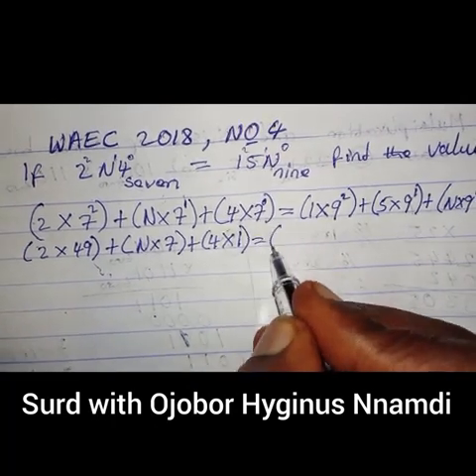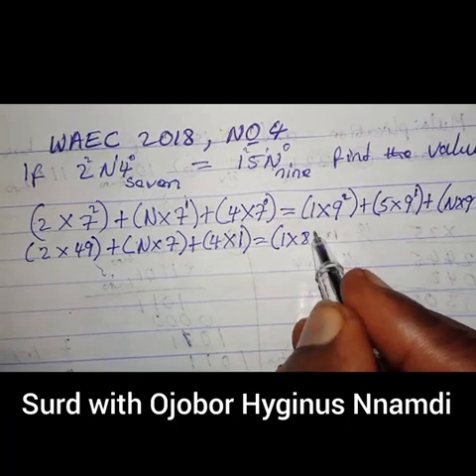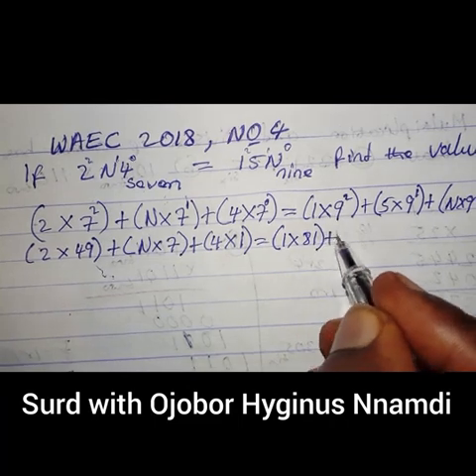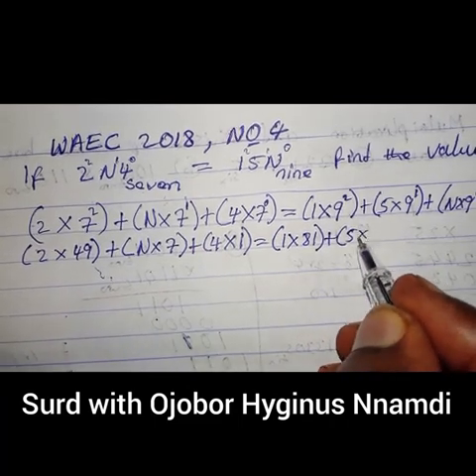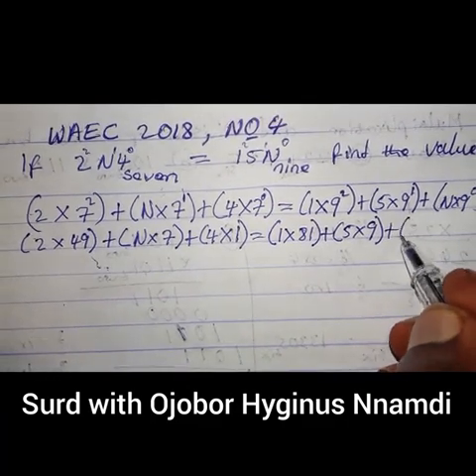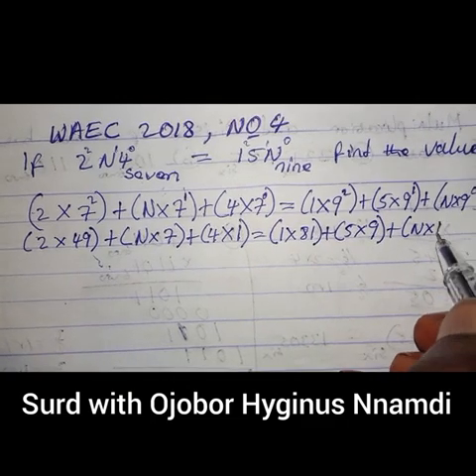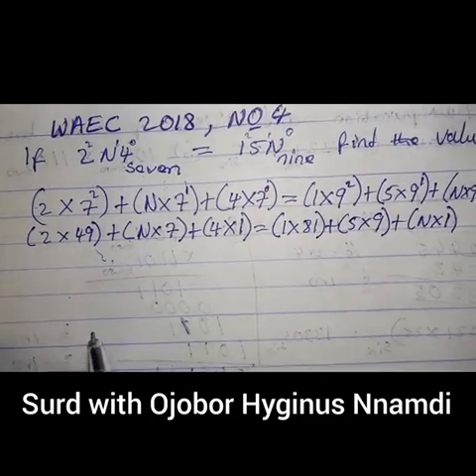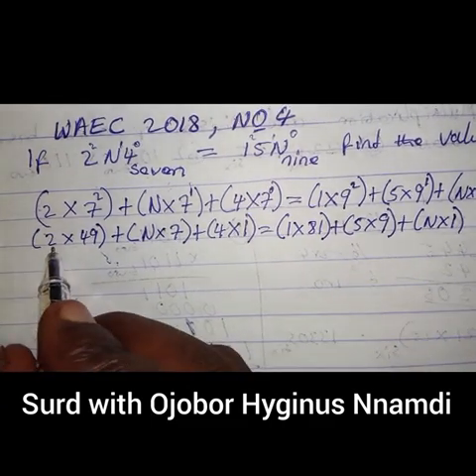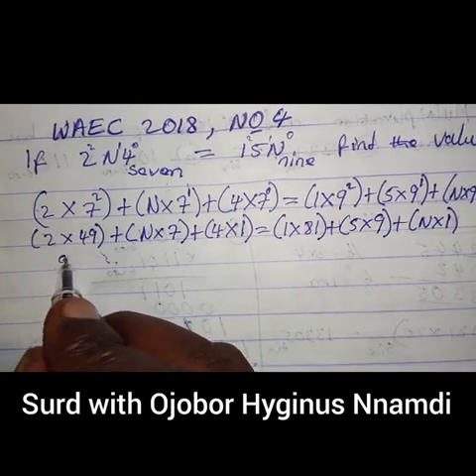And that is equal to 1 times 9 raised to power 2, which is 81, plus 5 times 9 raised to power 1, which is 9, plus n times 9 raised to the power 0, which is 1. And then we simplify further. 2 times 49 will give us 98.